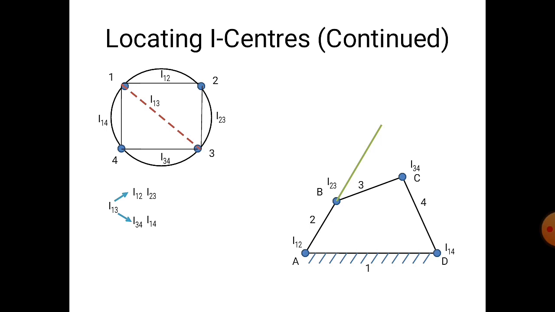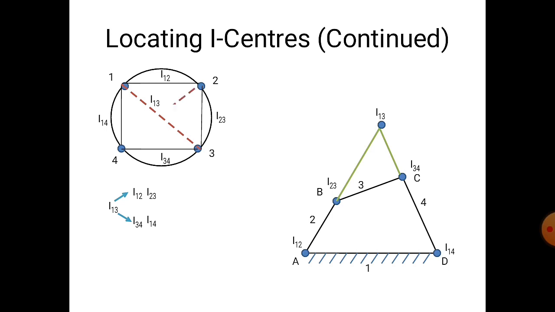So now draw a line passing through points I14 and I34 and extend it as shown. So the two lines are intersecting at a common point. The point of intersection of these two lines is nothing but the eye center I13. A similar procedure is to be followed for finding out the position of eye center I24.